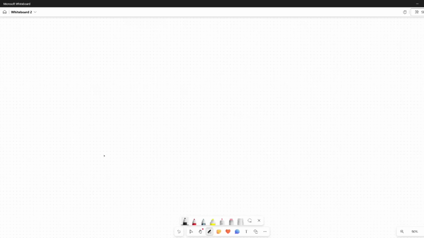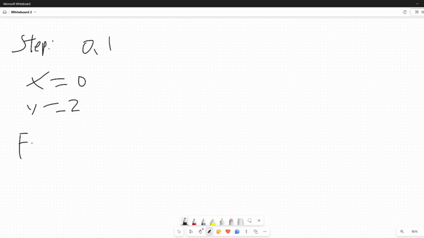So for this one, we are going to have a step size of 0.1, with x and y values of x of 0, y of 2, and we're trying to find when x equals 0.5.